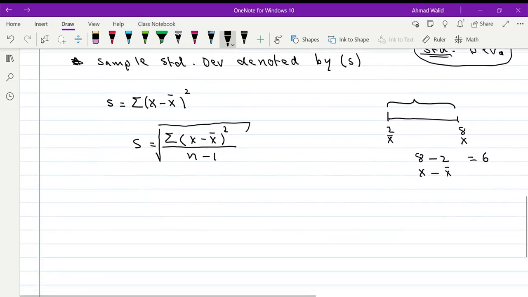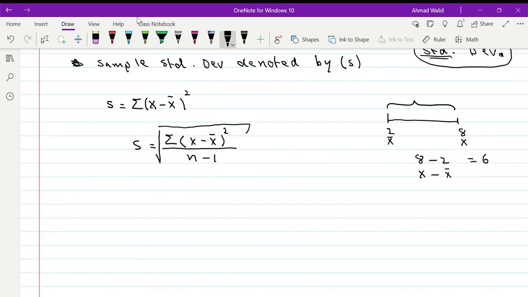There is another easier formula for this. S equals square root of n times sum of x squared minus sum of x, squared, like this.